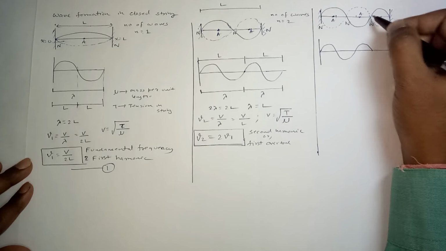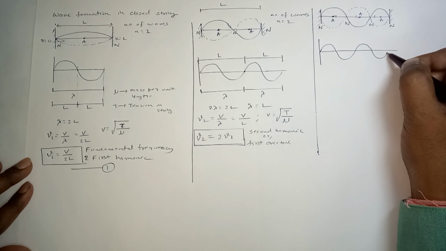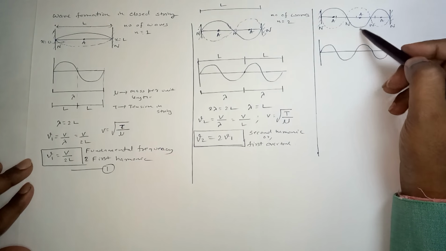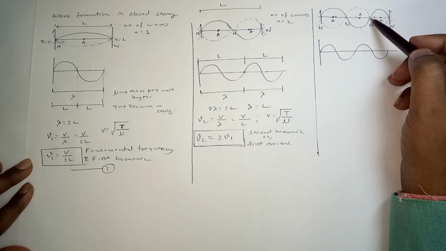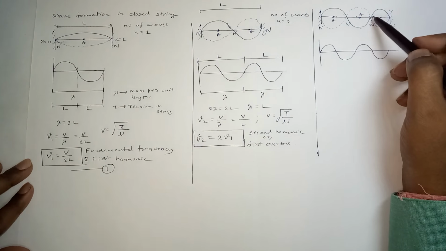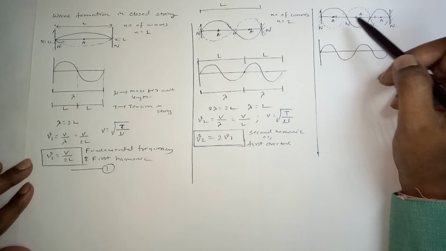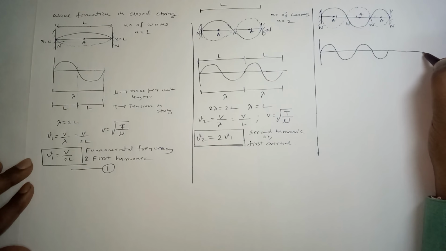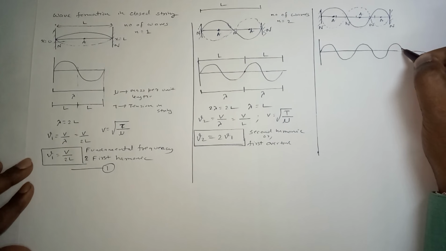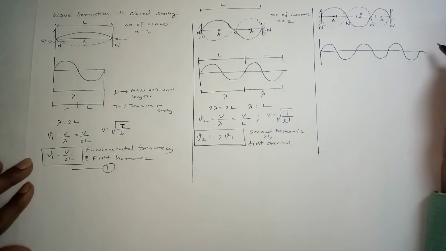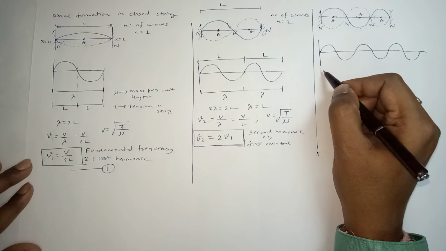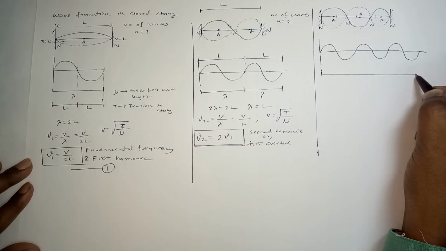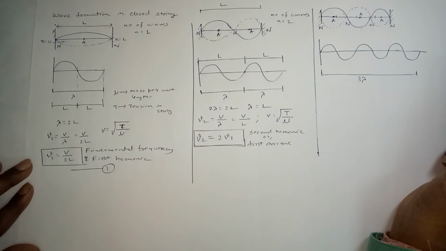Again this wave returns, so this completes wave 2. Up till here it's 2 waves, and from this point to this you can see there is 1 more wave. So overall there are 1, 2 and 3 waves. So this overall length can be written as equal to 3 lambda.